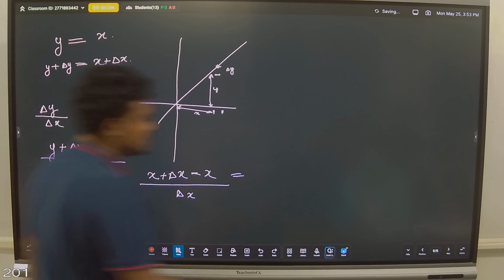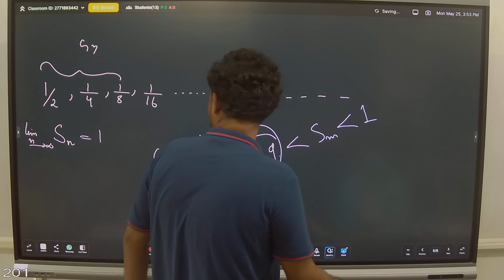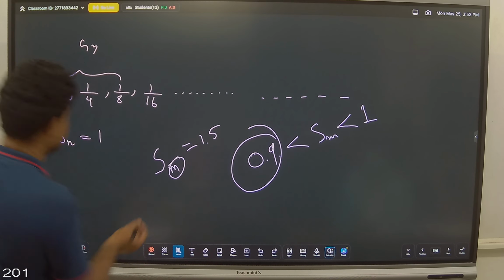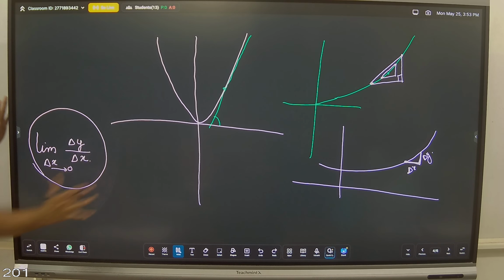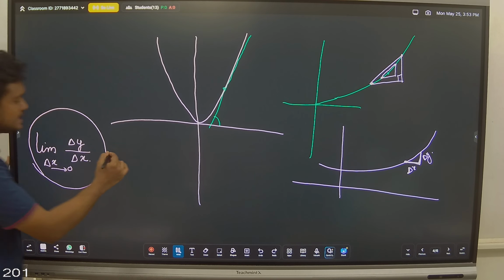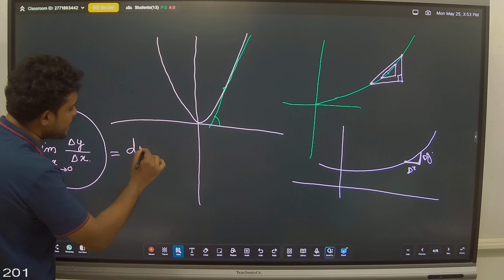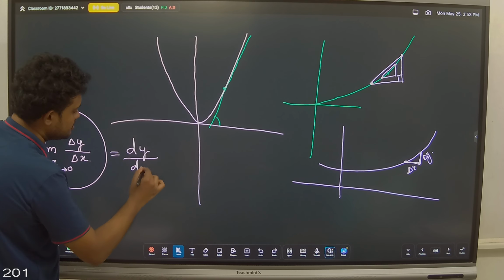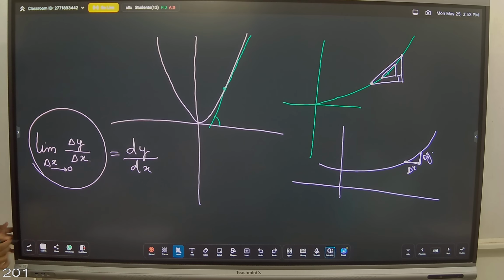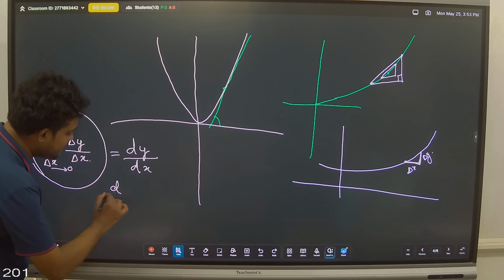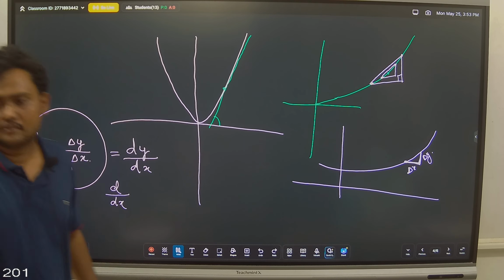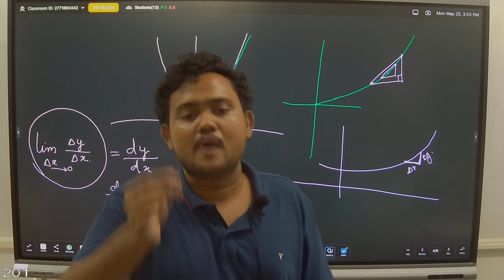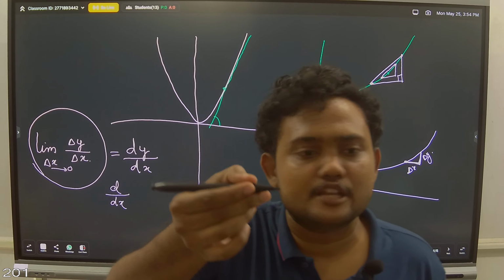By the way, something I forgot to tell you, this whole drama we are doing here is called dy by dx. Don't cancel the d's. This is an operation called d by dx, the way square is an operation. If you have x square by 2, you cannot cancel the 2 and 2.